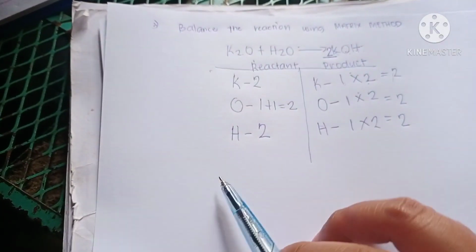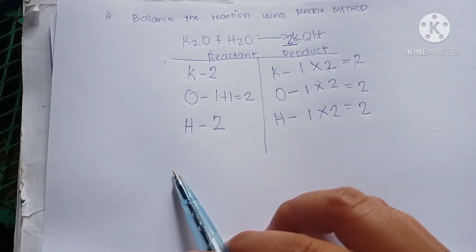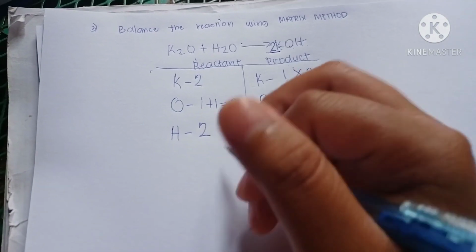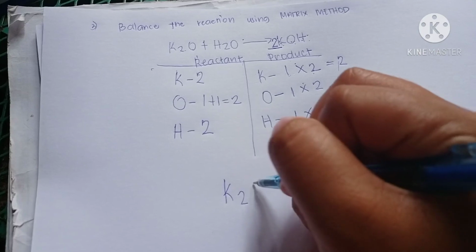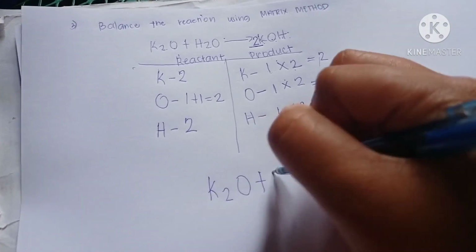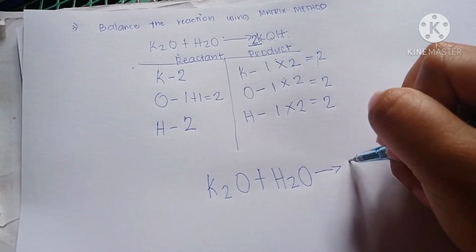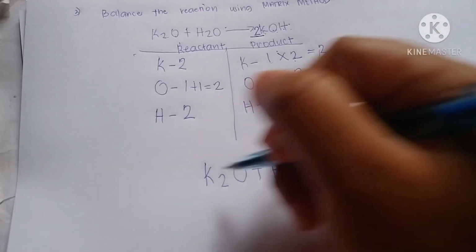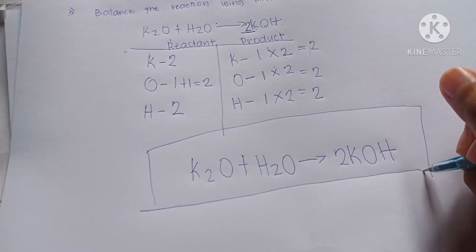So, our final balanced reaction is here: K2O plus H2O yields to 2KOH. So, mao na ni ang atong final nga balanced reaction.